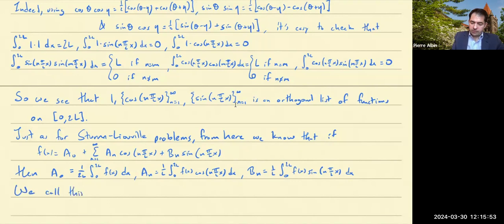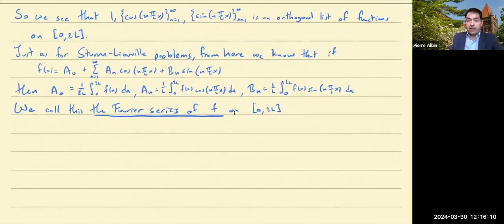We call this the Fourier series of f on the interval 0 to L. Okay, and so even though this is not a Sturm-Liouville problem, it turns out that we have the same convergence criterion as for a Sturm-Liouville problem.